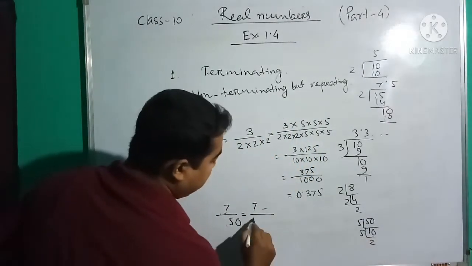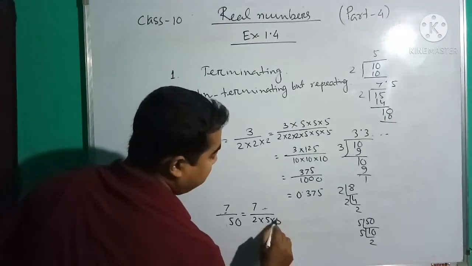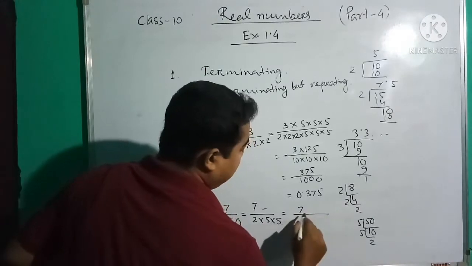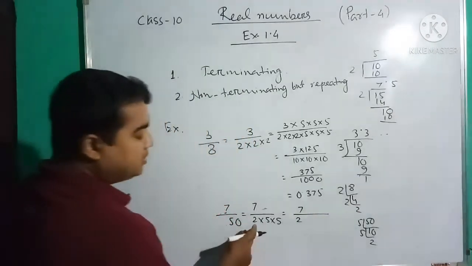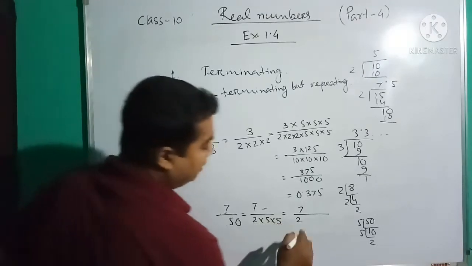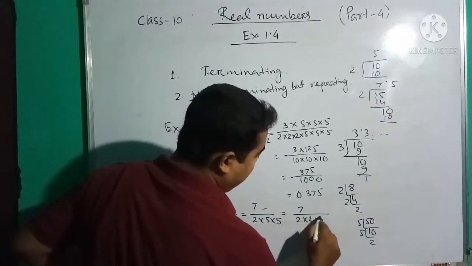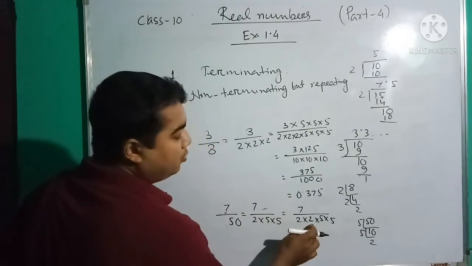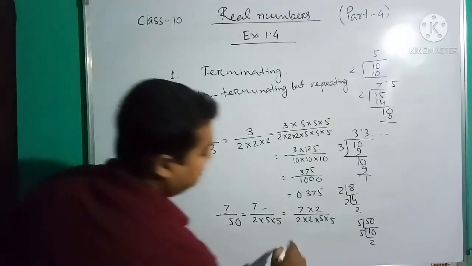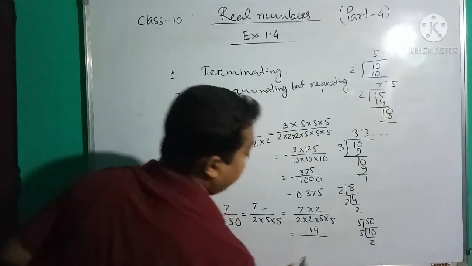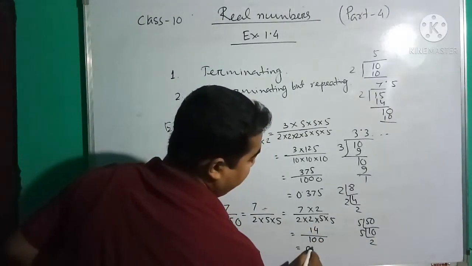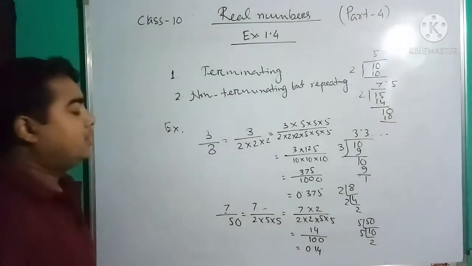Here 2 appears 1 time, 5 appears 2 times. 2 5s are 10, so for the next 5, 1 more 2 is required. So write 2 two times and 5 two times; we add 1 more 2, so write it at the numerator place too. Now 7 2s are 14. Then 100, and the answer is 0.14.